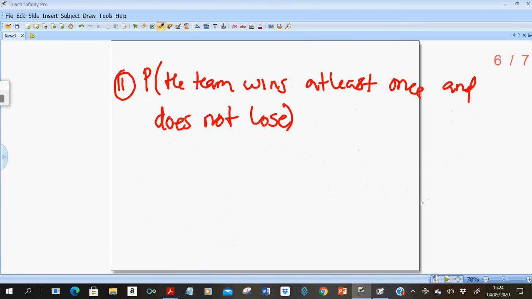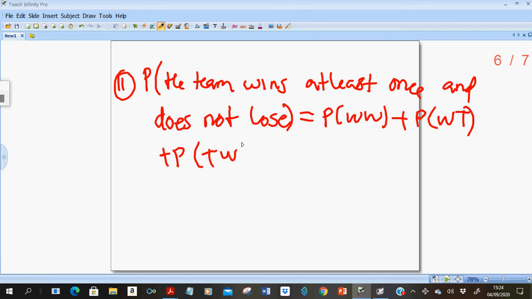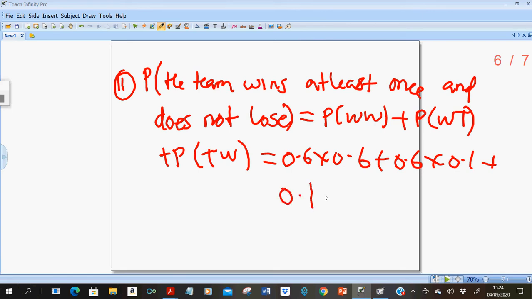So this is the probability of win-win plus win-tie plus the probability of tie-win, which gives 0.6 times 0.6 plus 0.6 times 0.1 plus 0.1 times 0.6. And this will give you 0.08.